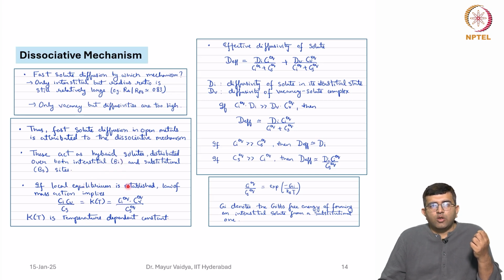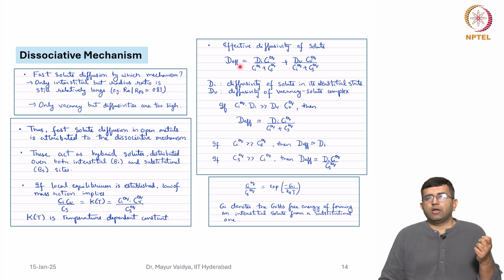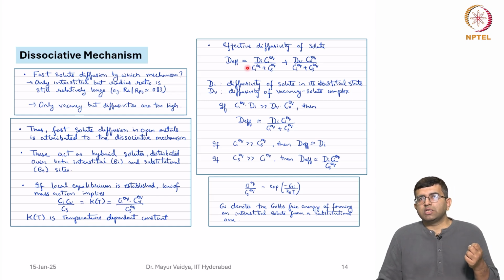And if the local equilibrium is established, then the law of mass action says that Ci into Cv by Cs is equal to Kt, which is equal to Ci equilibrium into Cv equilibrium by Cs equilibrium, where Kt is the temperature dependent constant. And the effective diffusivity of the solute can be written as D effective is equal to Di into Ci equilibrium divided by Ci equilibrium plus Cs equilibrium, plus Dv into Cv equilibrium by Ci equilibrium plus Cs equilibrium.